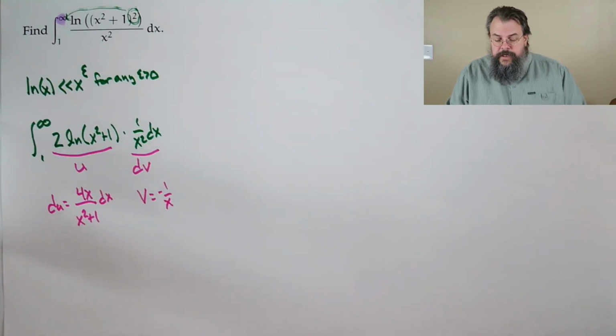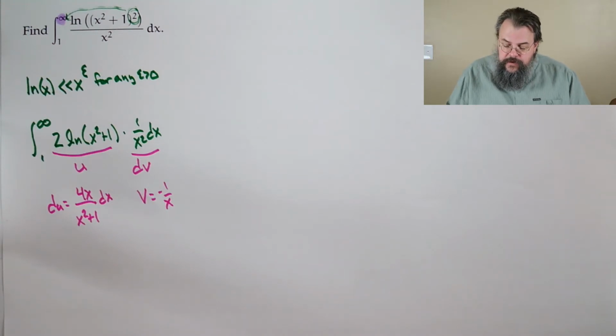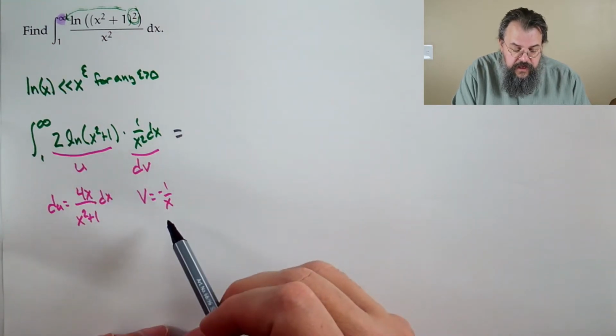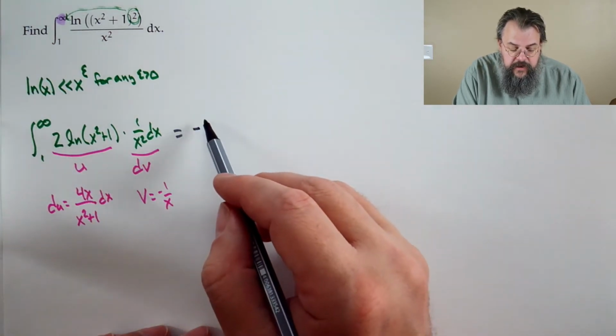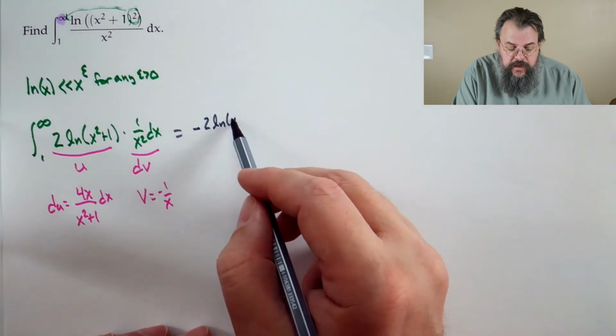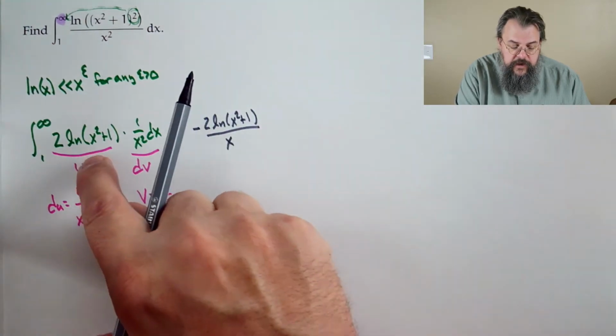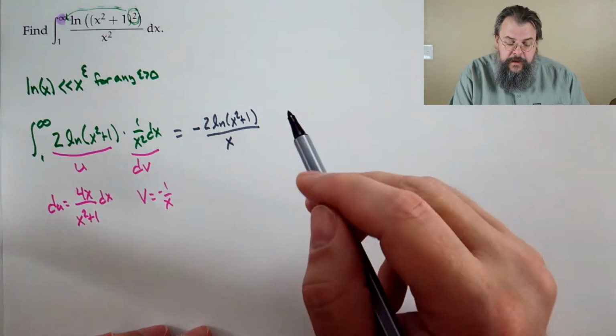So, what do we get? Okay, this is equal to our uv. So, minus 2 natural log of x squared plus 1 over x. Okay, that's our u times v.